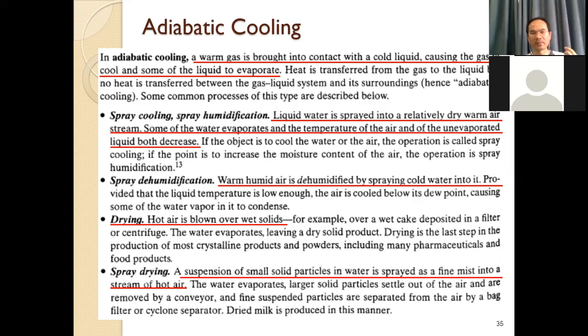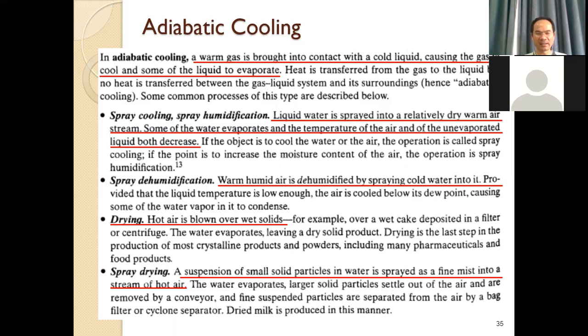If the objective is to cool the water or the air, the operation is called spray cooling. But if the objective is to increase the moisture content, or increase the water vapor in the air, then we use spray humidification.